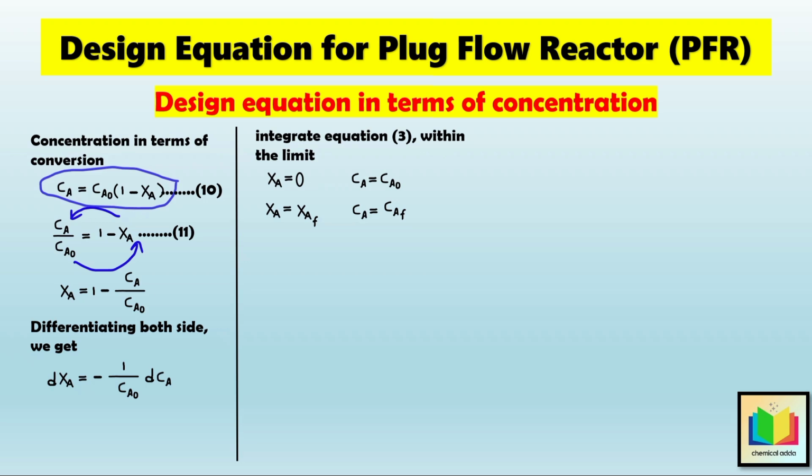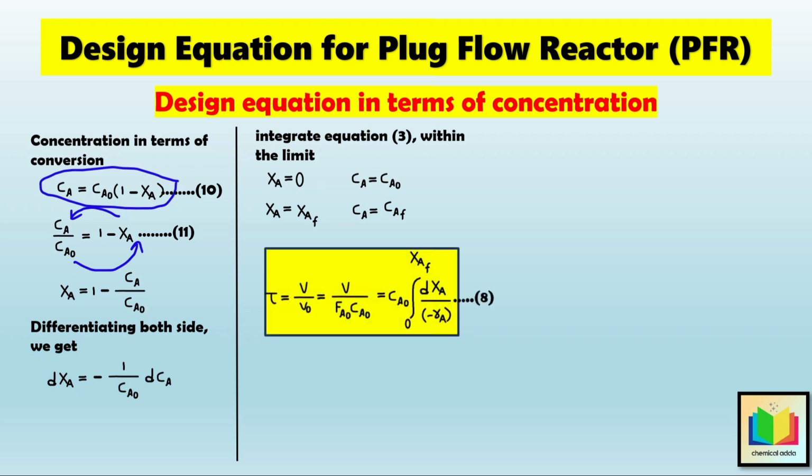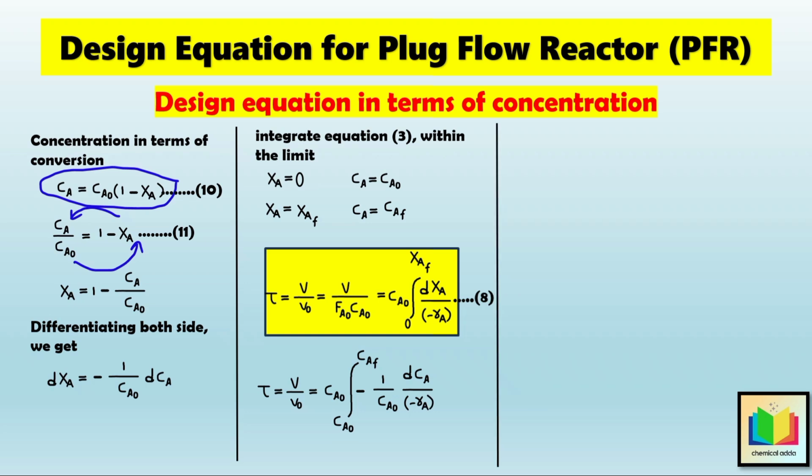Now let's put the value of dXa in the design equation in terms of conversion, and also change the limit accordingly. So as we already have design equation number 8 in terms of conversion as. Then after putting the value of dXa in this equation and changing the limit, we get. After simplifying the equation, we get.